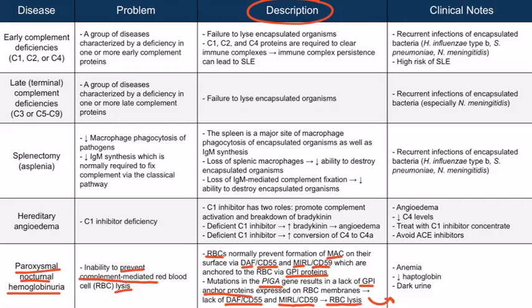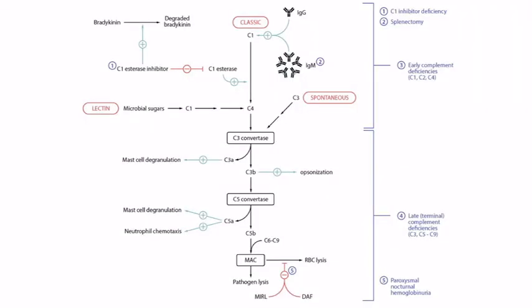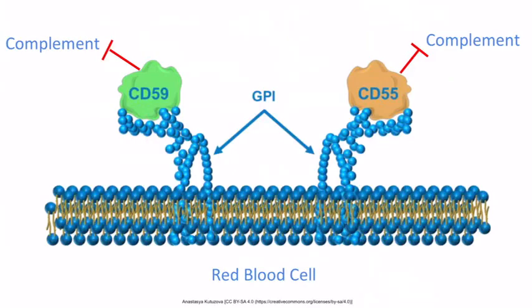Ultimately, this results in anemia, decreased haptoglobin, and dark urine. Going back to this image, you can see that normally MERL and DAF will inhibit RBC lysis, but when this system fails, these patients will get paroxysmal nocturnal hemoglobinuria, or PNH. This image demonstrates this idea. This is the red blood cell membrane, and we can see CD59 right here, also called MERL, and CD55 right here, also called DAF.